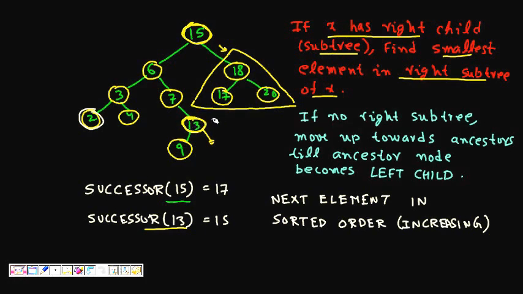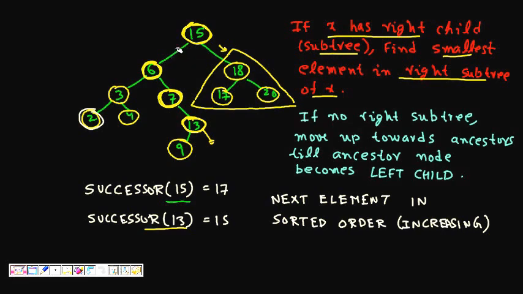What we do is keep traversing to its parent, 7. We see that 13 is the right child of 7, so of course 13 will be greater than 7. Then we come to 7, which is the right child of 6, so 7 is also greater than 6. Recursively I am traversing my parents. Now 6 is the left child of 15, which means 6 will be less than or equal to its parent.